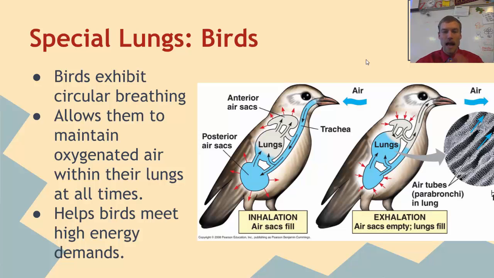And then as they breathe out, they bring more new air into the lungs. And so what this does is it allows birds to maintain constantly oxygenated air within their lungs. This is important for birds because they have much higher energy demands than a lot of other organisms because of flight. Flight demands a lot of energy, and so the birds have to consistently be keeping oxygenated air within their lungs.